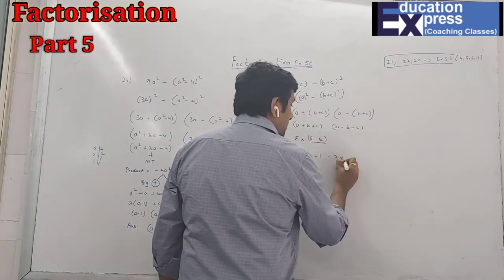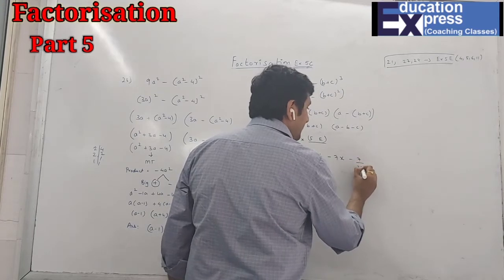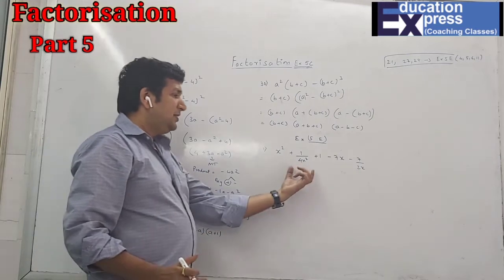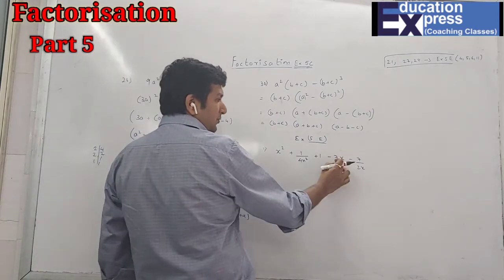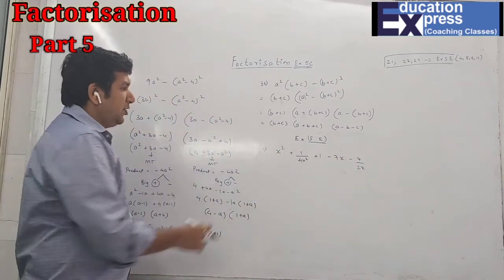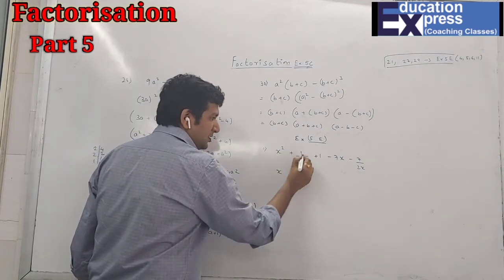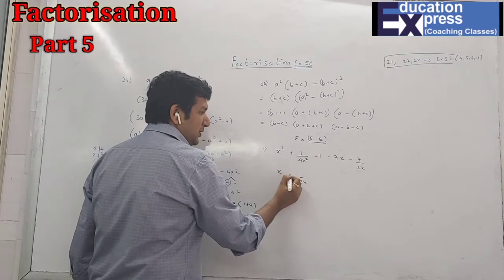Out of those 5 terms, the first 3 terms will have either an identity or split the middle term, and the other 2 terms have something common. So here we can see 7 is common, and here I can see it's an identity because there is a square associated. This is a square for x, this is a square for 1 upon 2x, and the number doesn't have a square, and has a sign as plus.